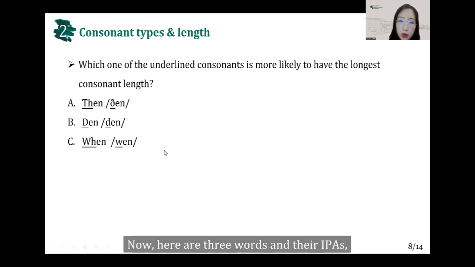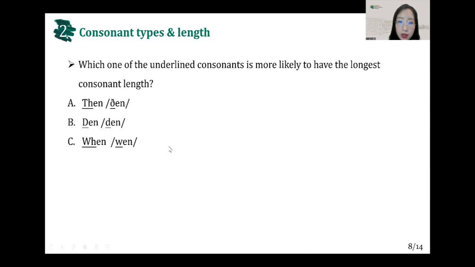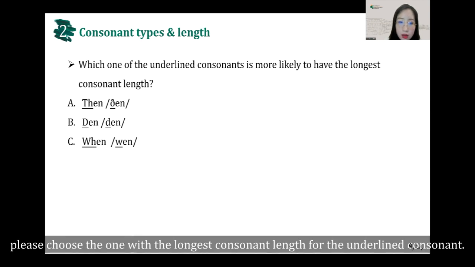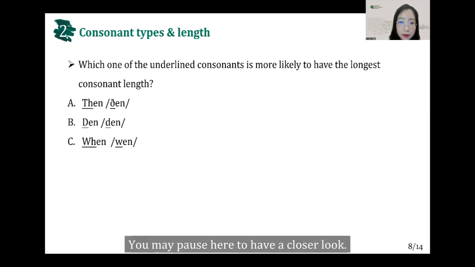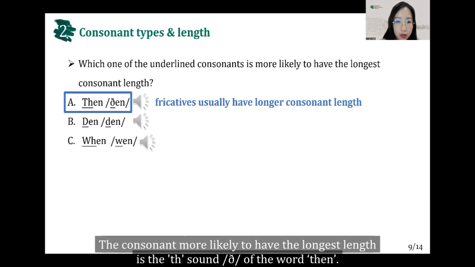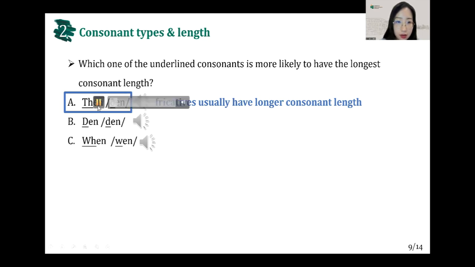Now, here are 3 words and their IPAs. Please choose the one with the longest consonant length for the underlined consonant. You may pause here to have a closer look. The consonant more likely to have the longest length is the th sound of the word then.